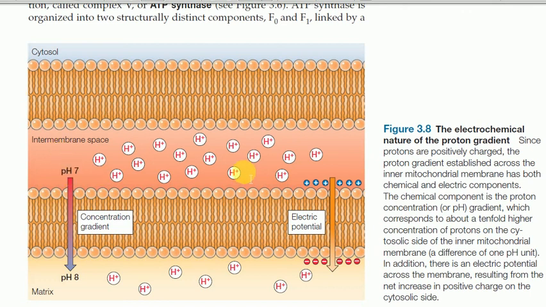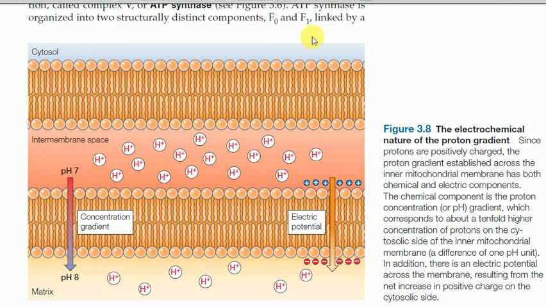Lower pH generates a concentration gradient and chemical gradient. All of these pull the protons to the inside, and because this membrane is impermeable, they will pass through the stalked particles.